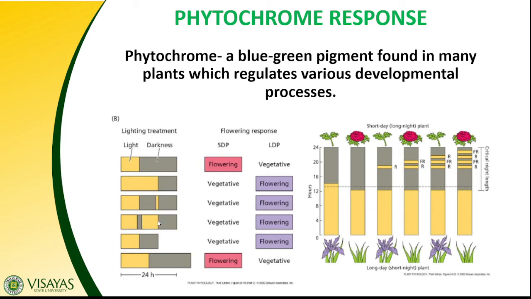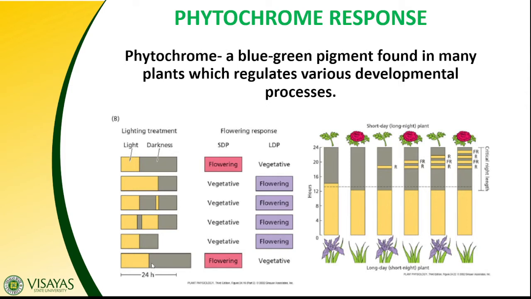This is a long day period, if it is being interrupted by darkness, this will result in the vegetative phase of SDP and promotes flowering in LDP. Here it is somewhat similar in the length of the light and dark period, so this will make the plant SDP vegetative and flowering for LDP.